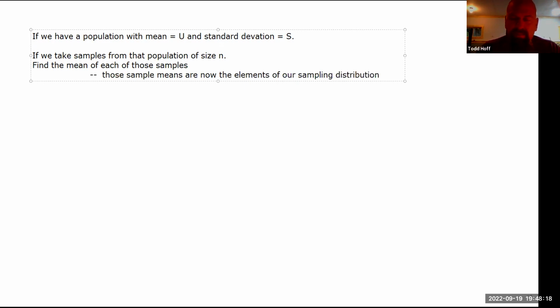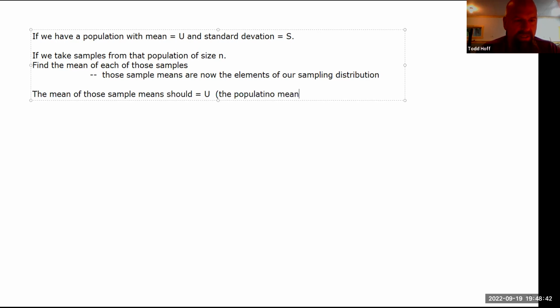So what's in this distribution is not the individual values, it's the means of all the possible samples of size n. The mean of those sample means should equal U, the population mean.